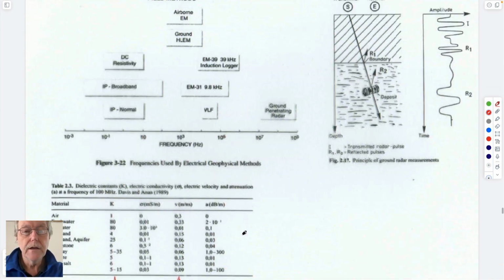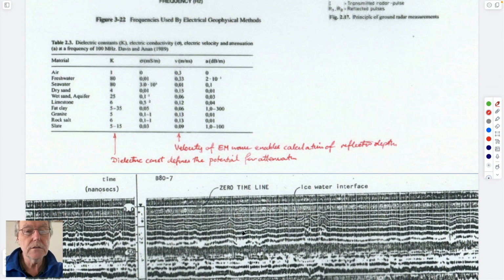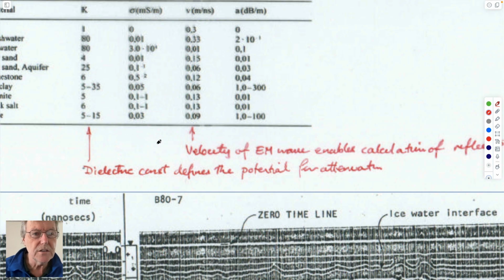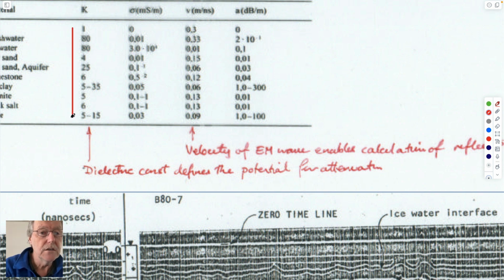Okay. And so typical dielectric constants are here. They don't matter so much so long as you've got a contrast. And the main thing that matters is that you know what the two-way travel time velocity is. So these are in meters per nanosecond. So they are essentially the speed of light, not meters per second, but 10 to the minus 9 seconds.